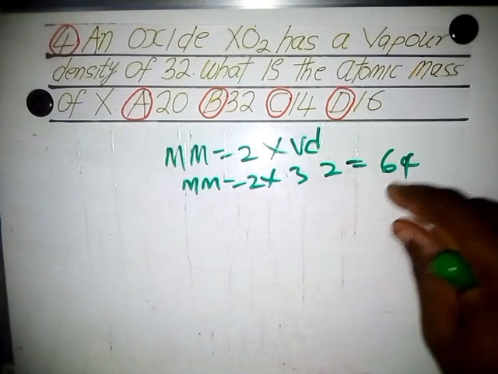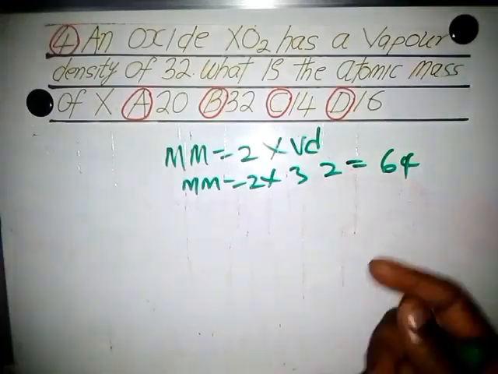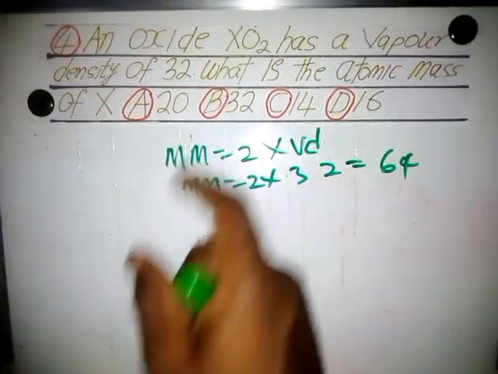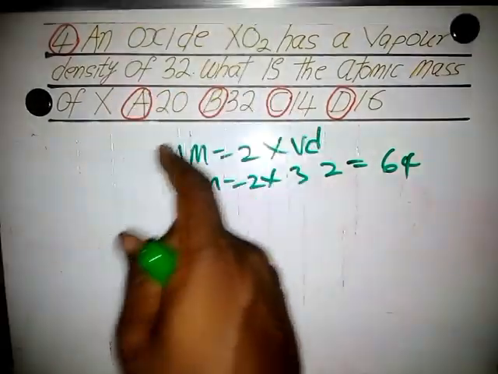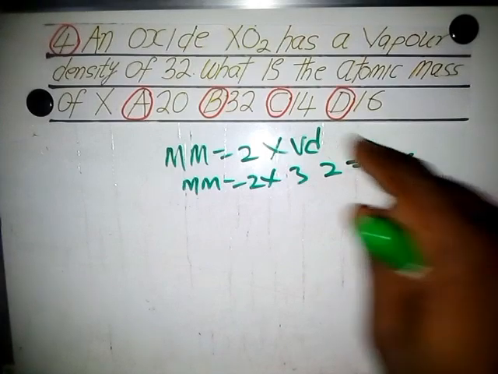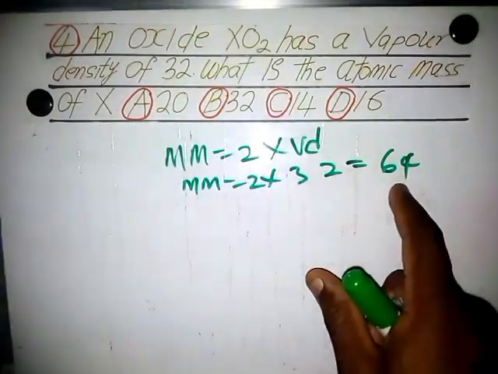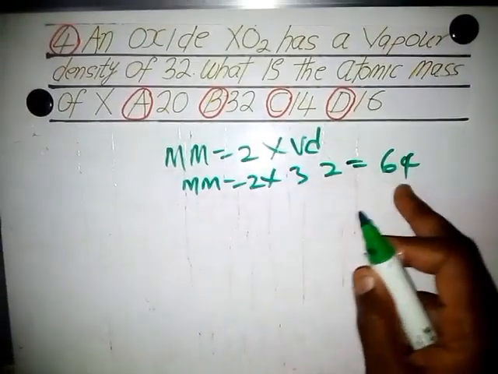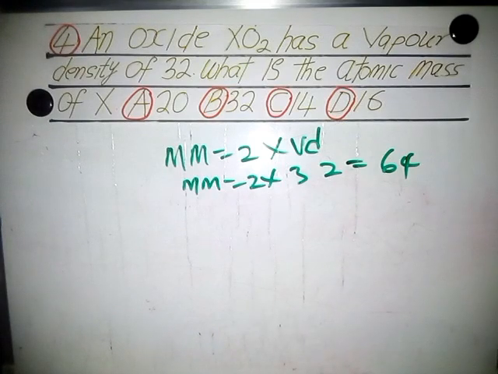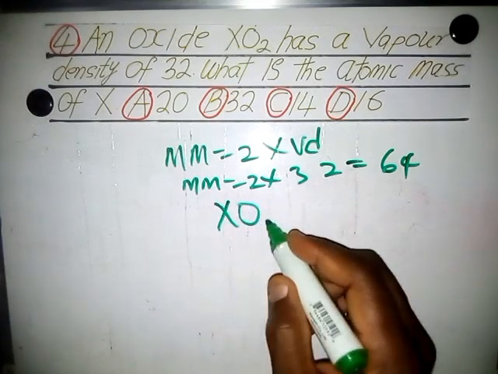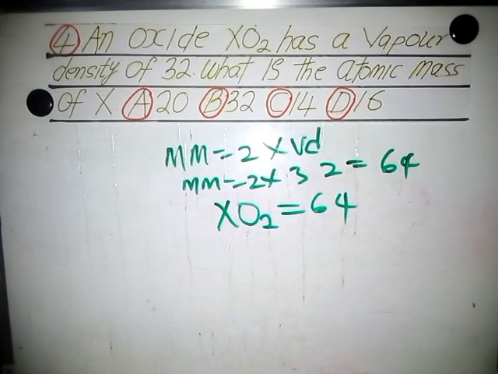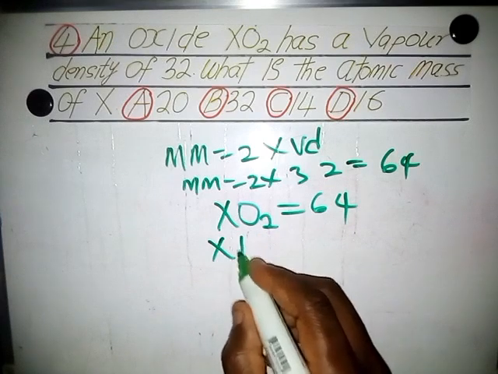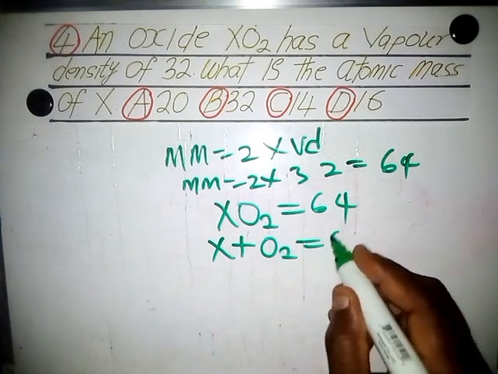So if you don't equate this, you cannot calculate X. You have to equate everything here to 64, so you can calculate only X. Remember, this one is the molecular mass you calculated now. So I have to say XO2 equals 64. This XO2 is like saying X plus O2 equals 64.